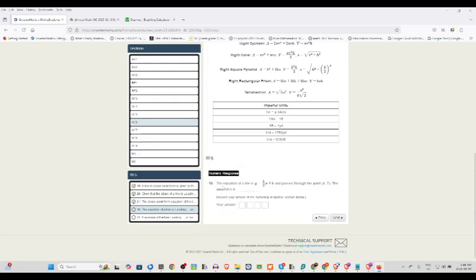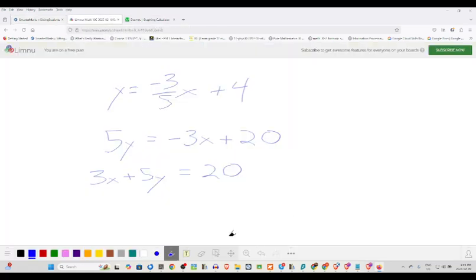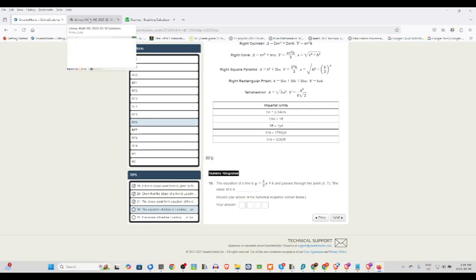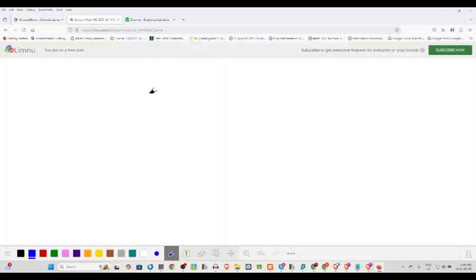Now here, the equation of a line is 1/2 x plus b and passes through the point 4, 7. The value of b is... So we have y equals 1/2 x plus b.